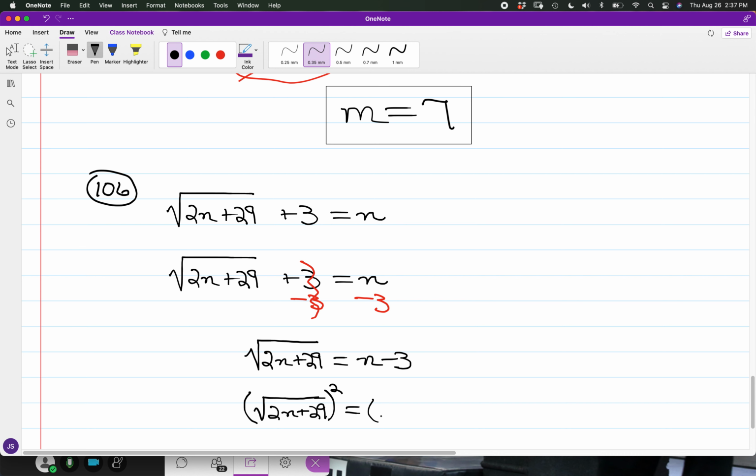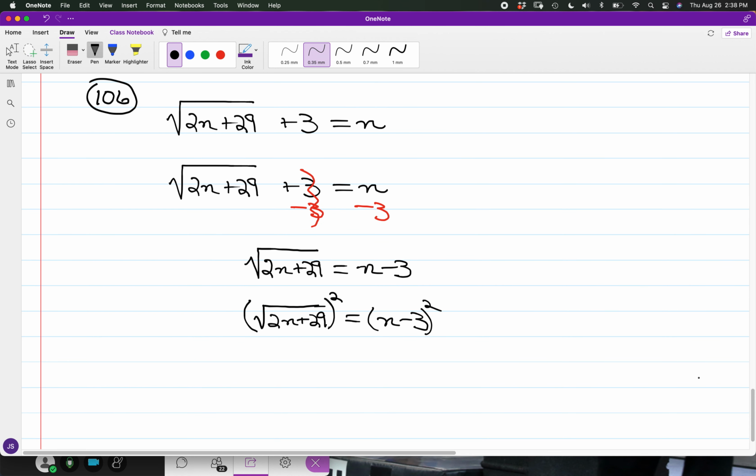And looking at squaring both sides, you got the square root of 2n plus 29 squared, so this will be 2n plus 29. Again, for the square of n minus 3, we have n minus 3 times itself.